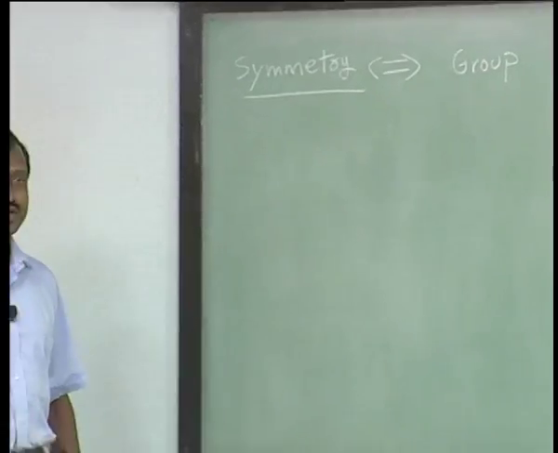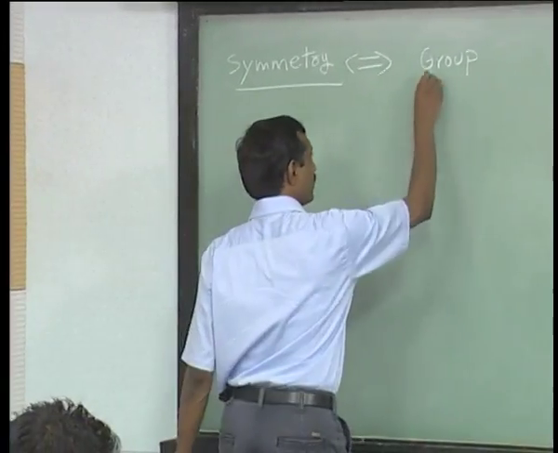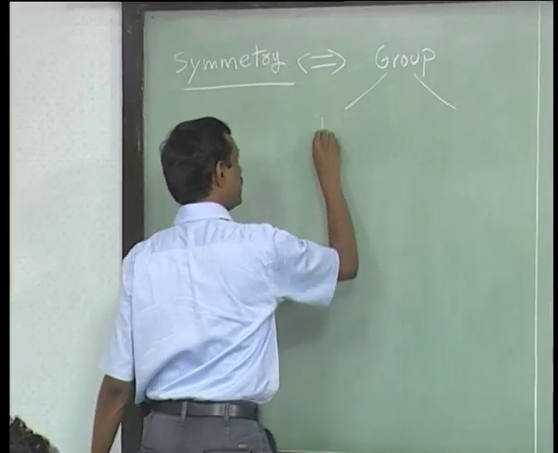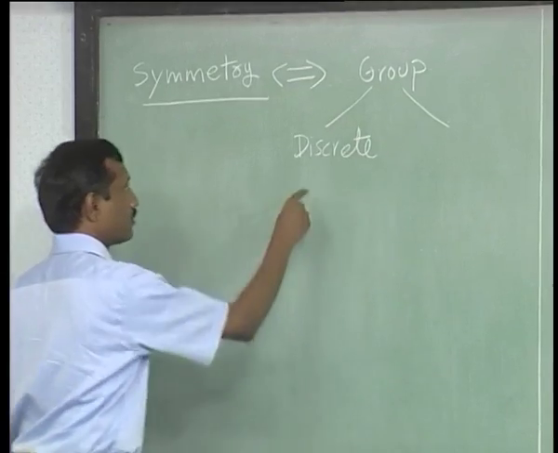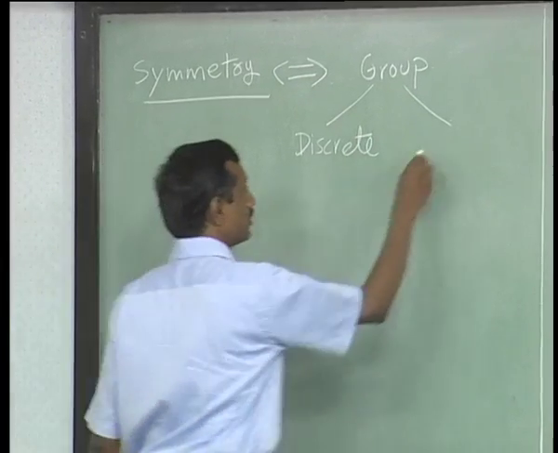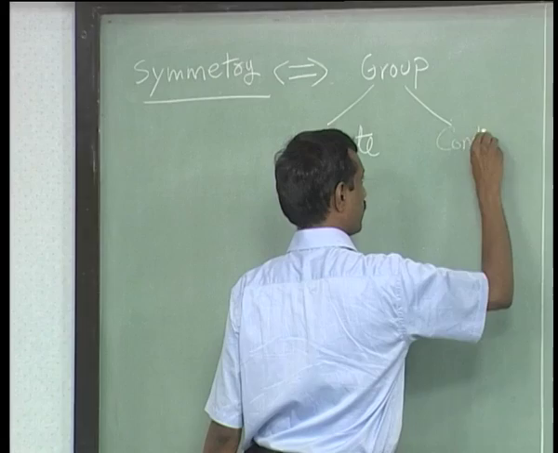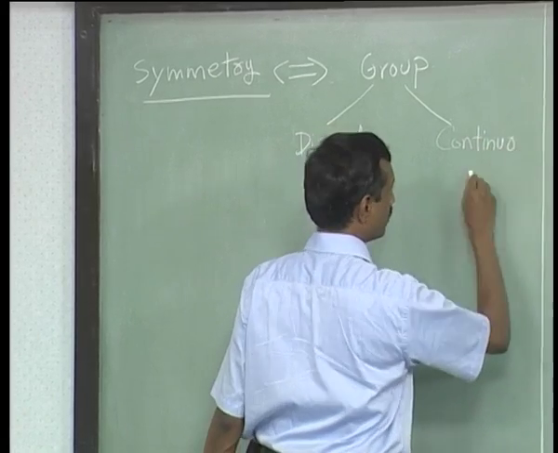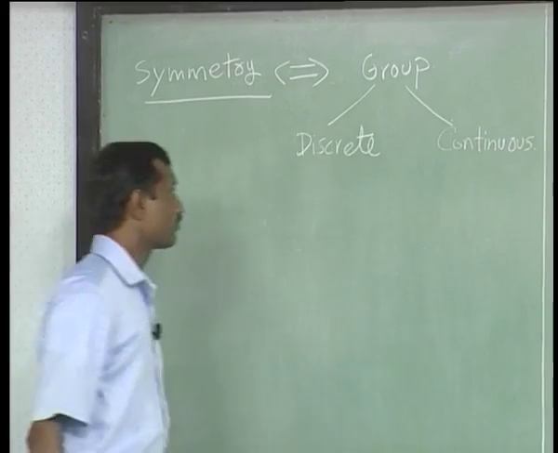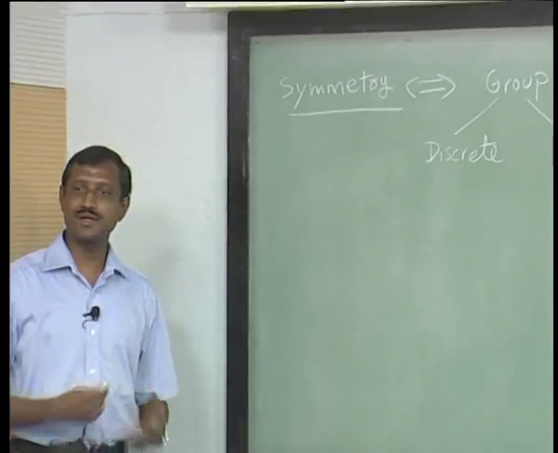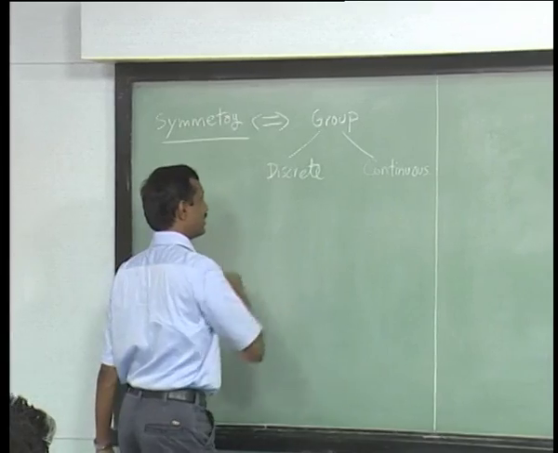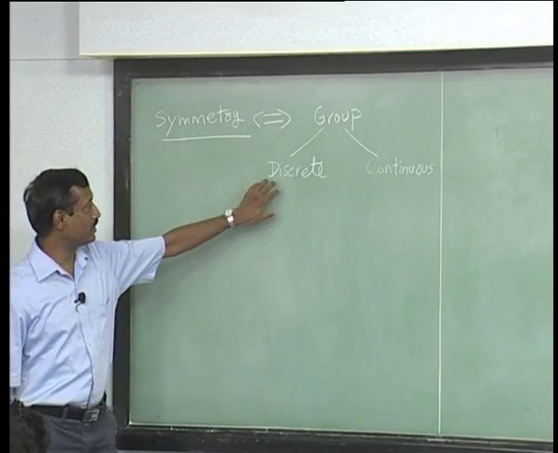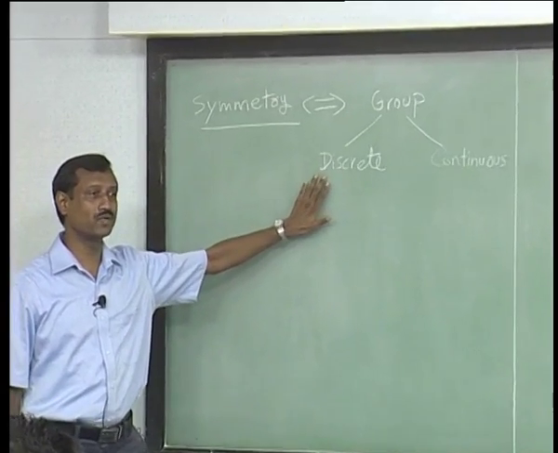We already saw that groups fell into two categories, but I will slightly change my definition of them. We will call groups either discrete or continuous. These are best illustrated through examples rather than looking at the definitions. Finite groups are a special case of discrete groups.